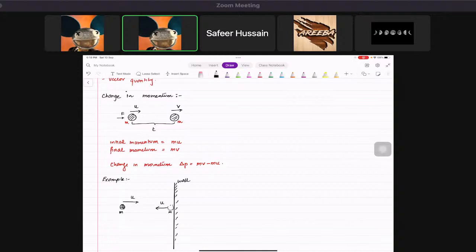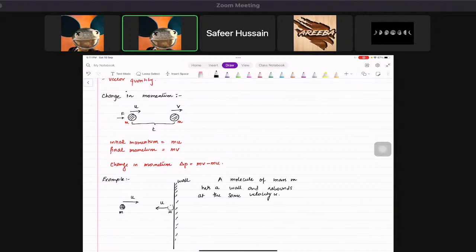So it just says, say a molecule of mass m hits a wall and rebounds at the same velocity u.